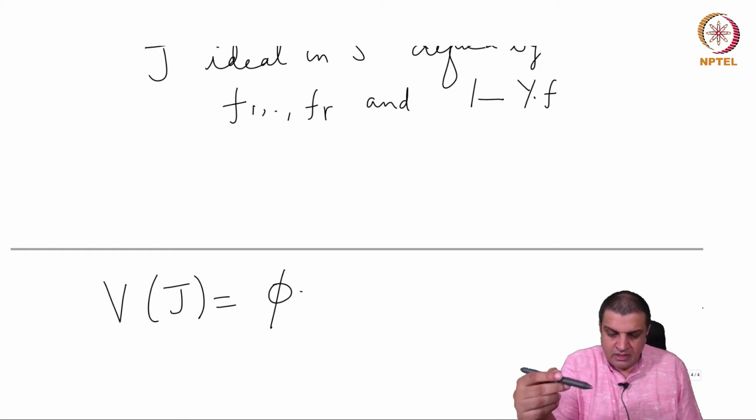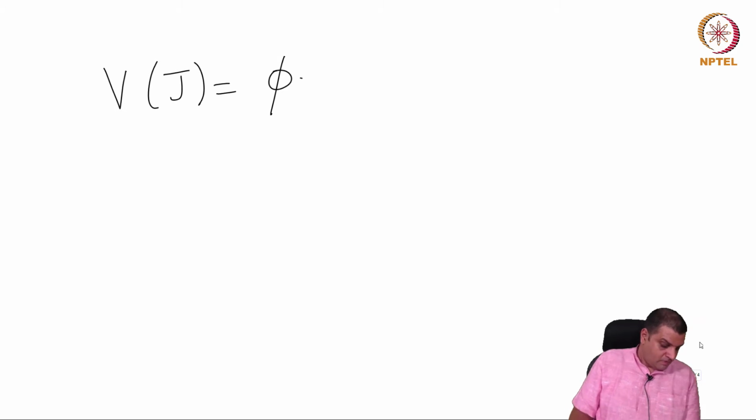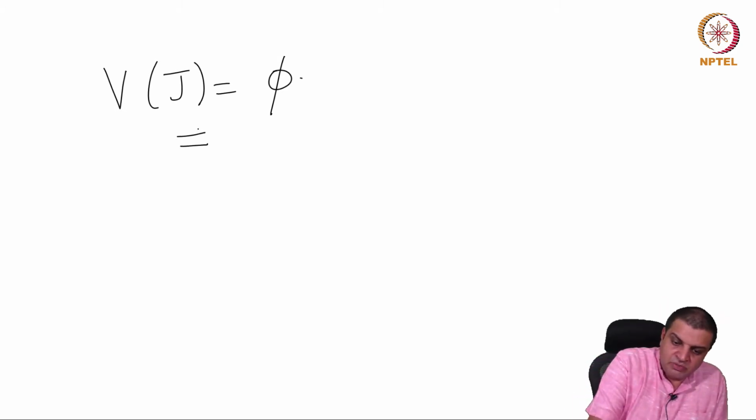If B is an n+1 tuple which is in V of J, then these polynomials vanish. By definition of f, f vanishes, but then 1 minus yf cannot vanish. So please check this detail. So we have V of J is empty, which means that J is S.